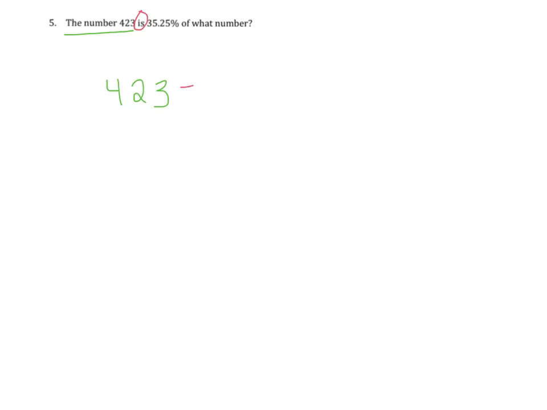Is means equal sign. 35.25% is the number, or the percent that I'll write down. Of means to multiply. And what number means that I have a missing value.